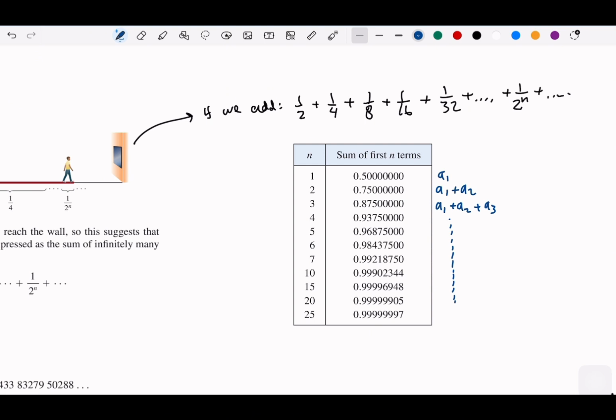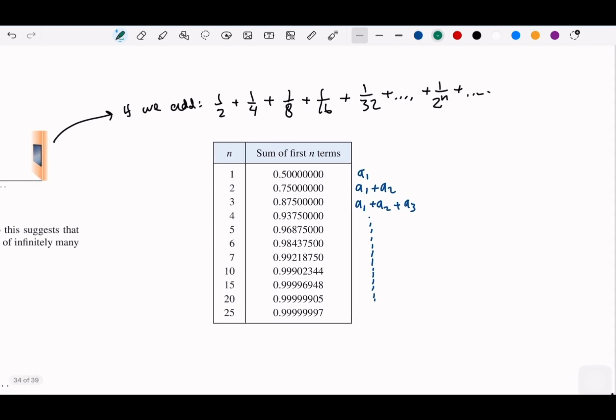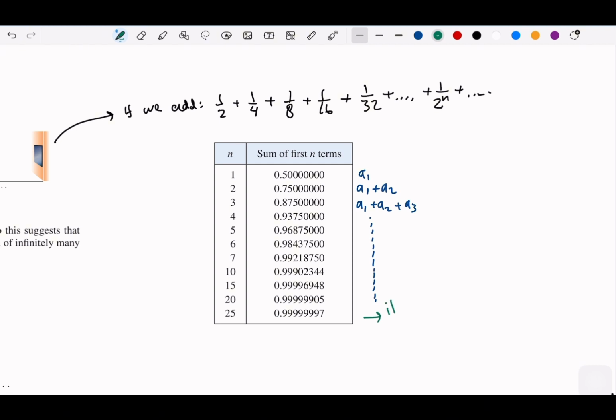And if we see the result, we could see that somehow it will be near 1 or close to 1, right? It seems reasonable. So it's reasonable to say that the sum of the 1 over 2 power n is getting closer to 1.